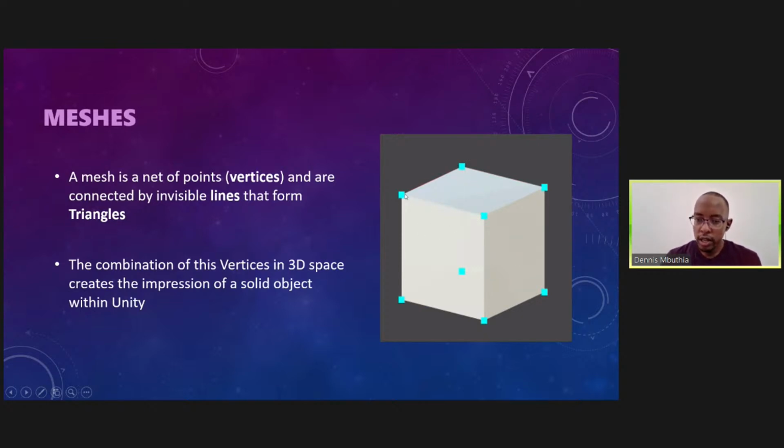If you look at these 4 vertices, that's a face. In this case, we are looking at 3 faces. This is one face, this is another, and this is another. So there are 3 faces.